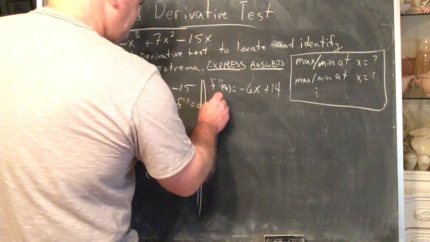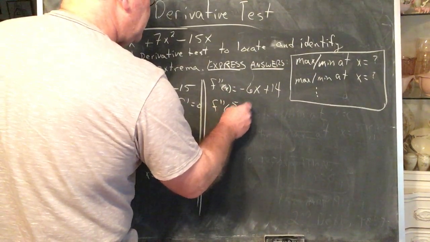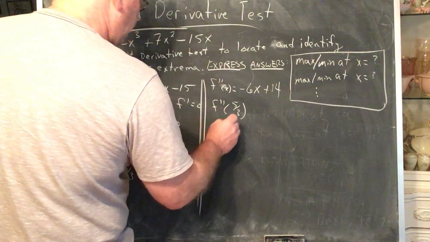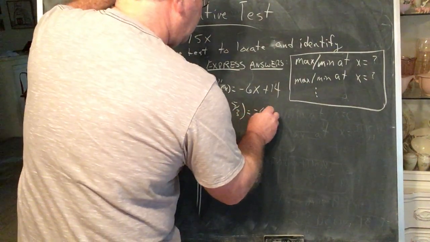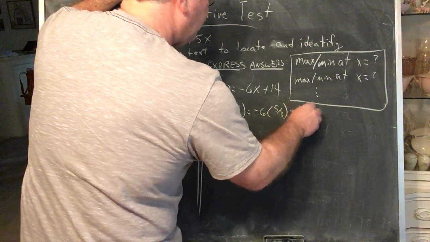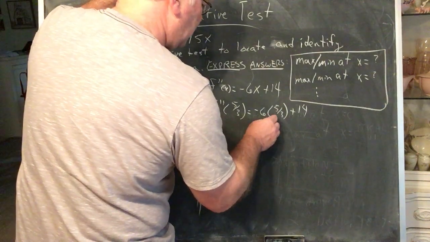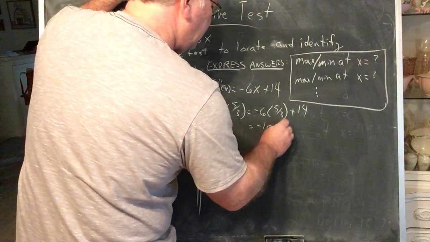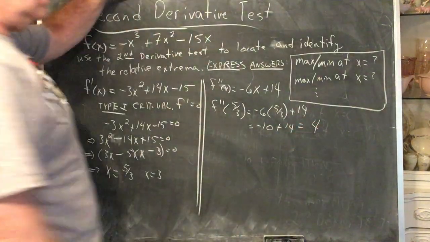So we need the second derivative evaluated at 5/3, and the second derivative evaluated at 3. Well, at 5/3, this is negative 6 times 5/3 plus 14. Top times top, bottom times bottom, that's negative 30 over 3. It's not too hard to show this is negative 10 plus 14, which is 4. All right?